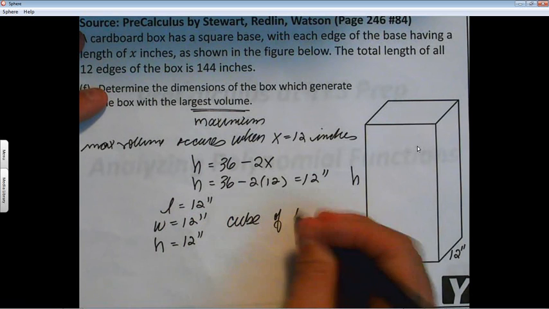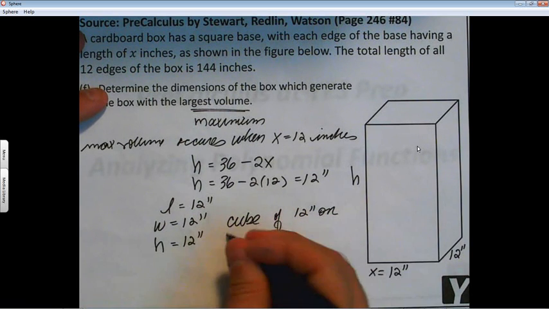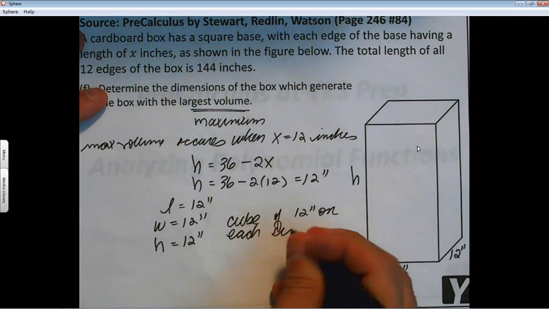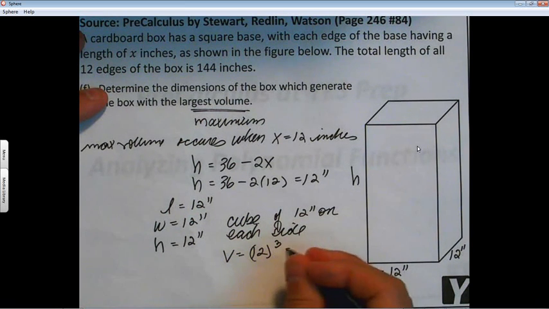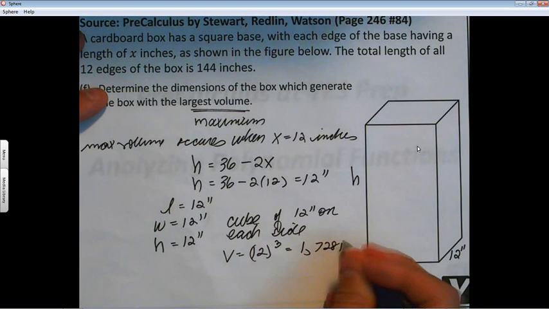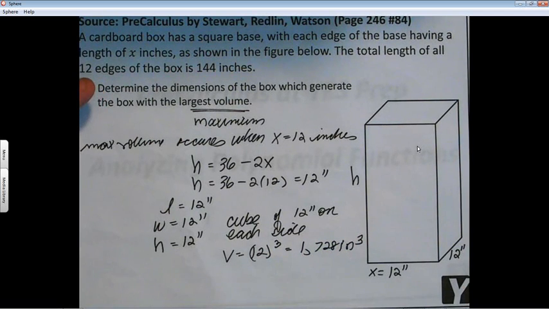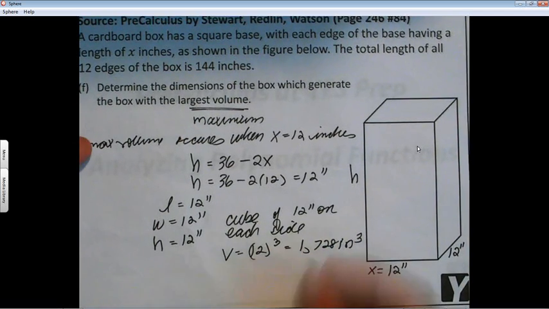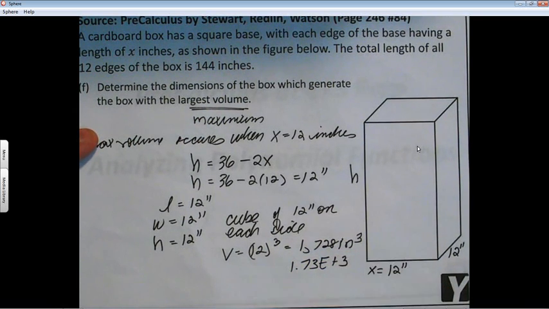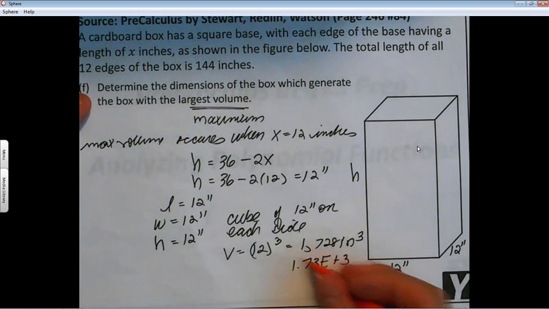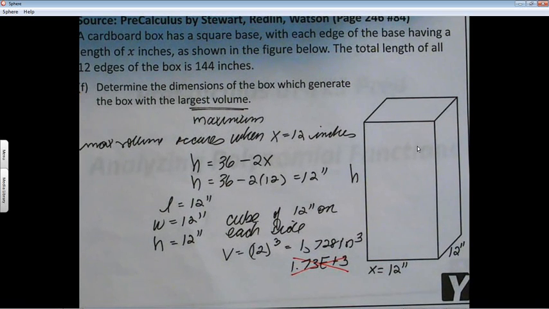What I'm missing is the height. And way back when we first started this problem, we had established the relationship that the height was going to be 36 minus 2 times the x value. We know x is 12. So the height is 36 minus 2 times 12, which is still 12.